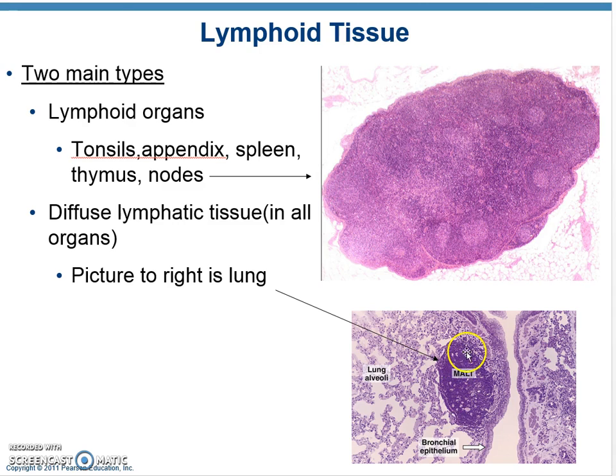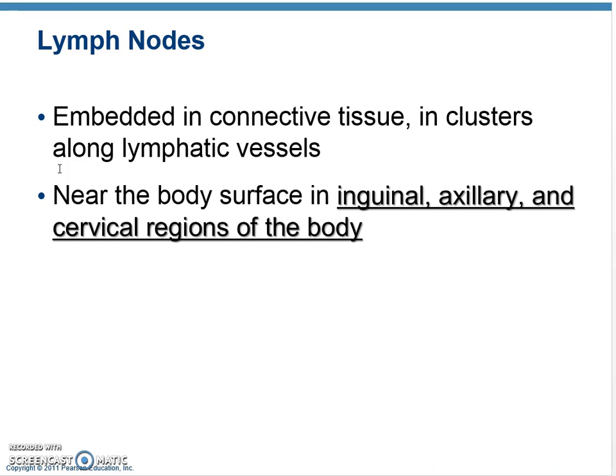So we're going to have some lymphatic tissue in the intestines. We're going to give that a name. And then here is a lymphatic nodule that you find in the lung. So first we're going to go over these discrete lymphoid organs, and then we'll talk very briefly about this diffuse lymphatic tissue. So the first lymphoid organ that we care about are the lymph nodes.